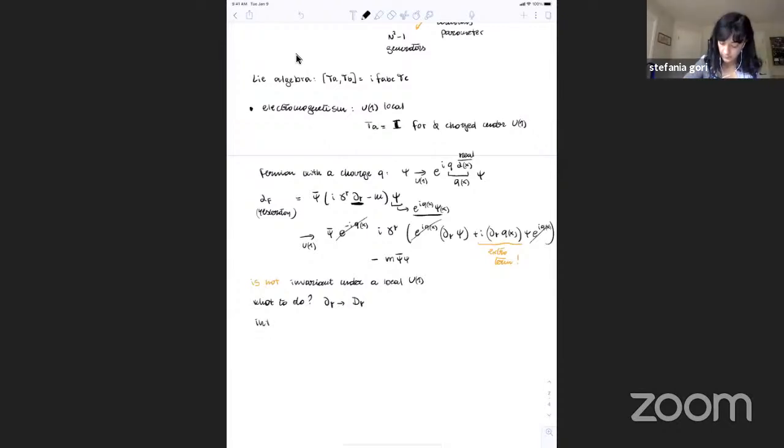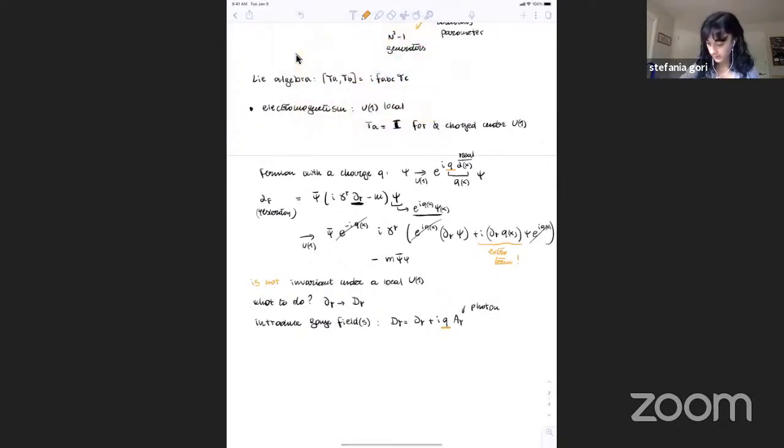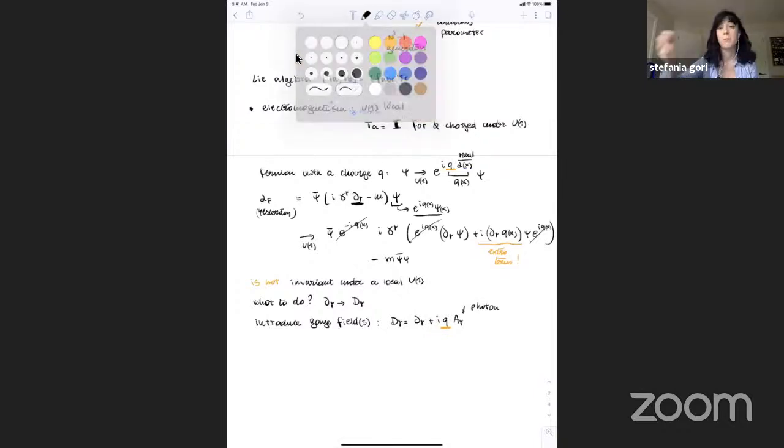In this case, we just have to introduce one gauge field that is the photon. So the covariant derivative will be defined as the partial derivative plus I Q A mu, where this is the photon that we know. And notice that, just not to get confused, this Q here is the charge, for example, of the electron.